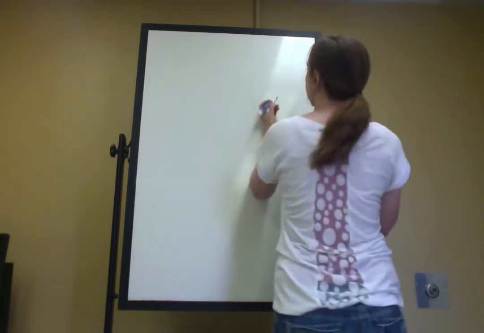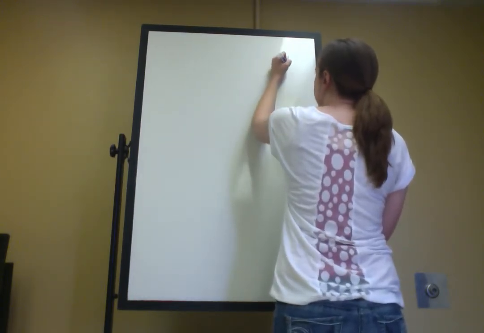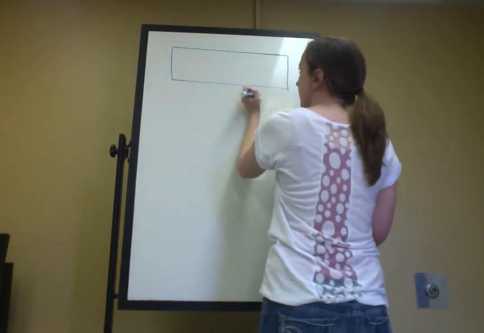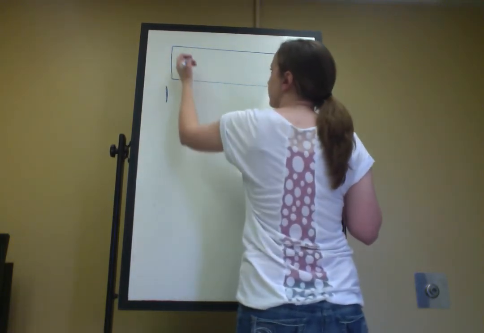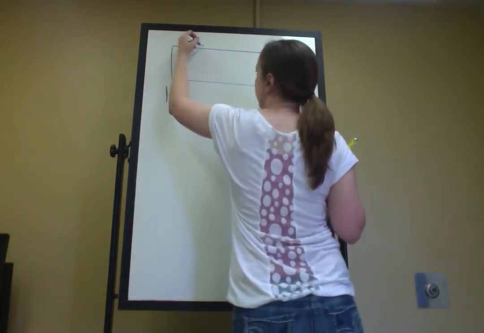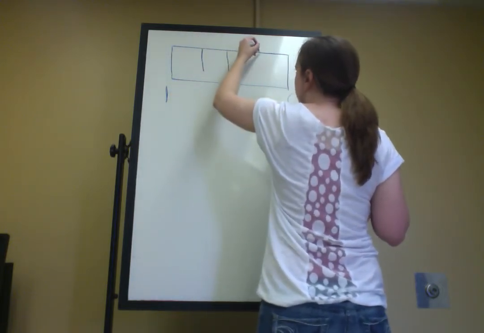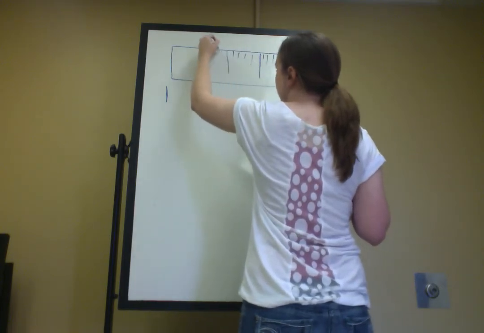So, if I have this tape measure, and this is 0, and this is 1, it's going to look kind of like this. Okay, and then it's going to have other little lines in here.